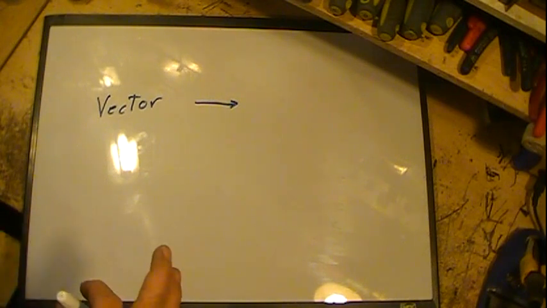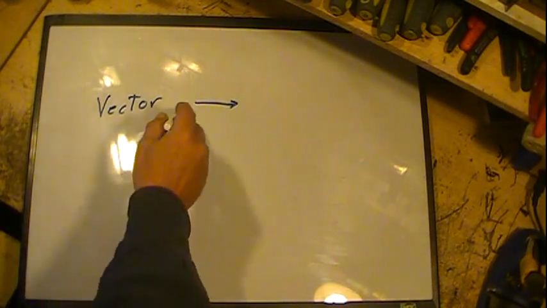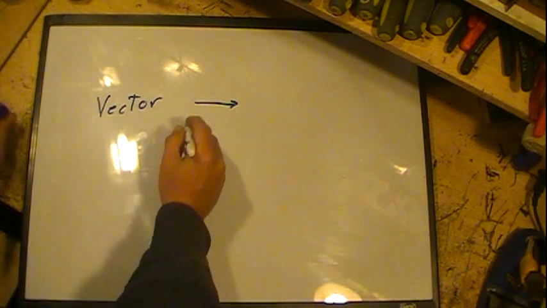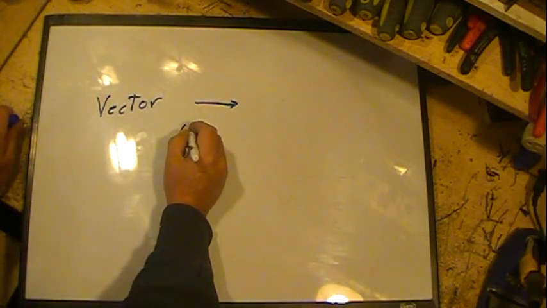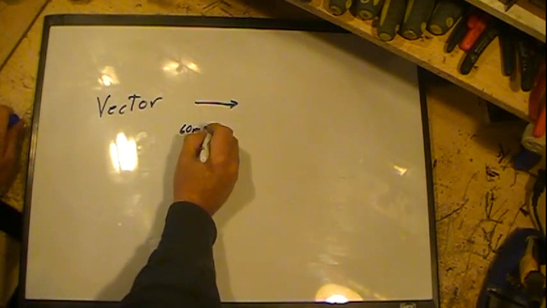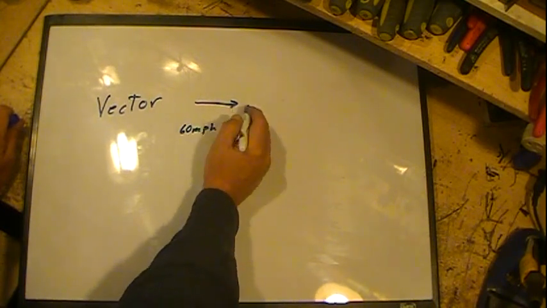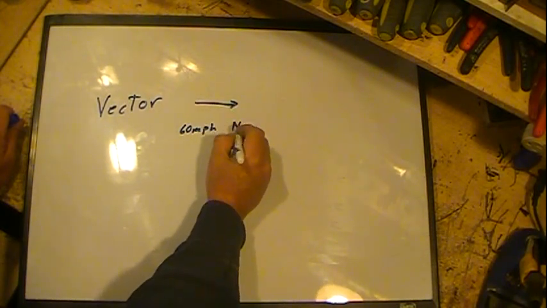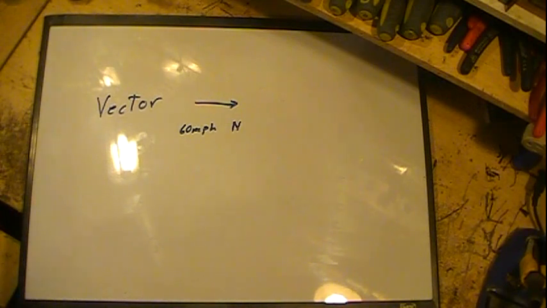And that's all a vector is. It gives magnitude, in this case 60 miles per hour, and a direction, north. It could be any direction or anything.